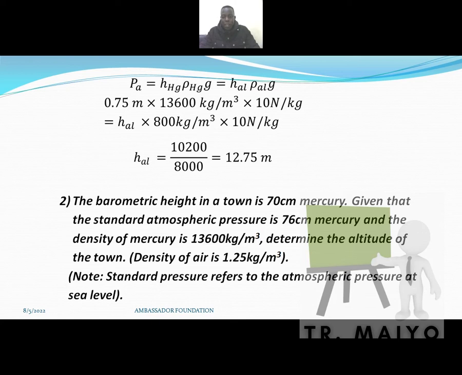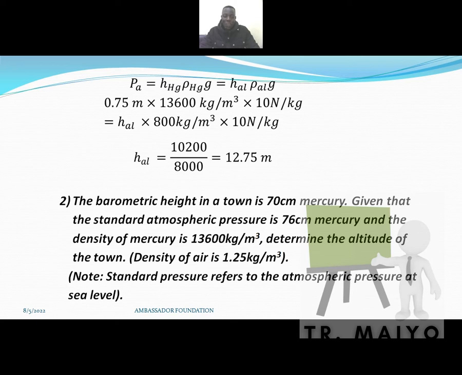Another question: the barometric height in a town is 70 centimeters of mercury. Now this is the question I was looking for, so be very keen. The barometric height in a town is 70 centimeters of mercury, given that the standard atmospheric pressure is 76 centimeters of mercury, and the density of mercury is 13,600.